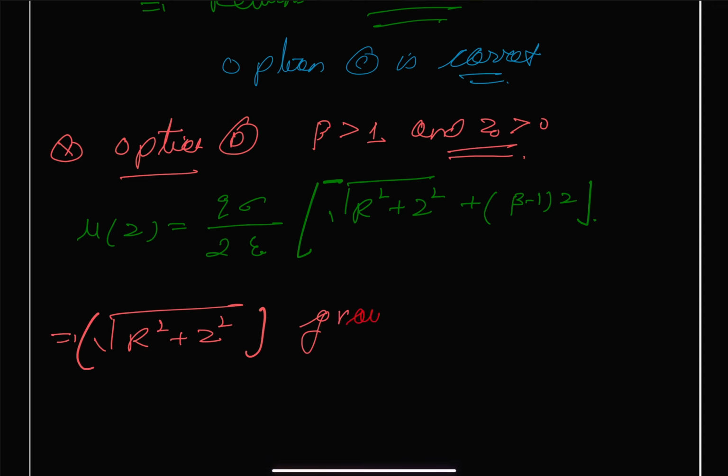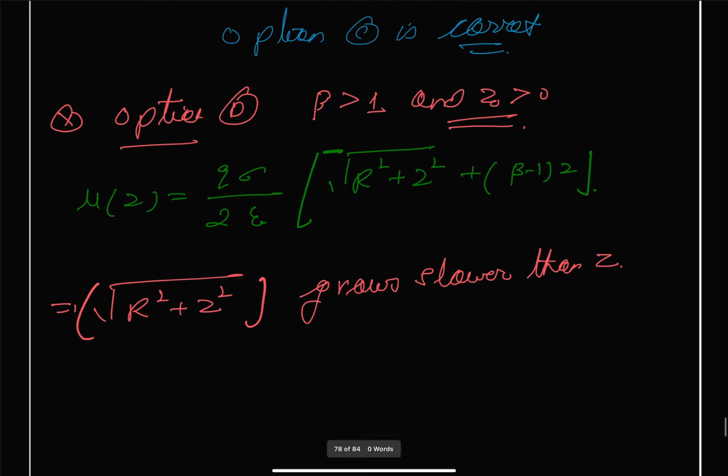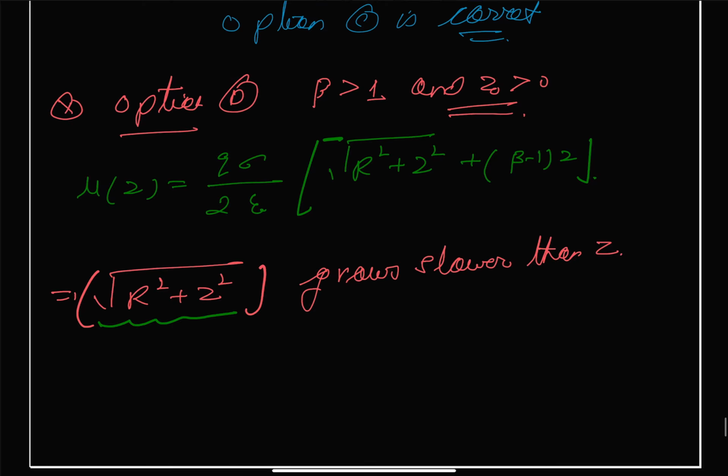We can approximately say, like, if the value of z is 2, this square root might be coming like 1 point something, and if the value of z is 4, the square root of this function might be still in 1 point something. So the increase is marginal in case of the square root of r square plus z square.